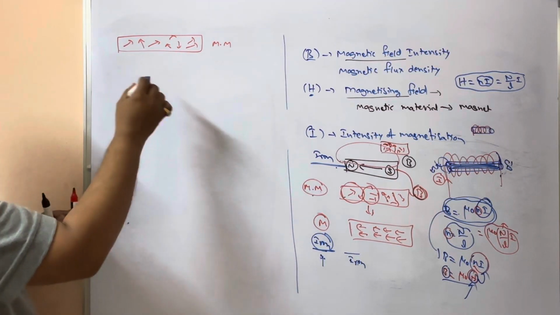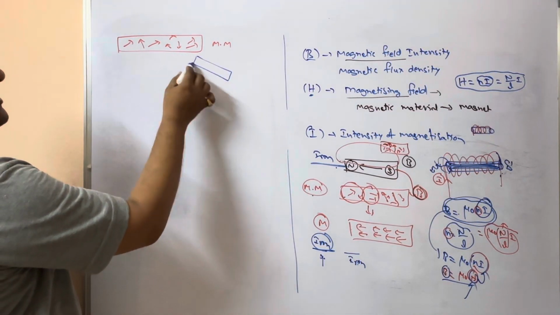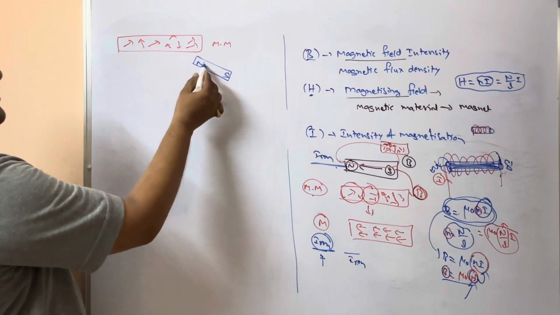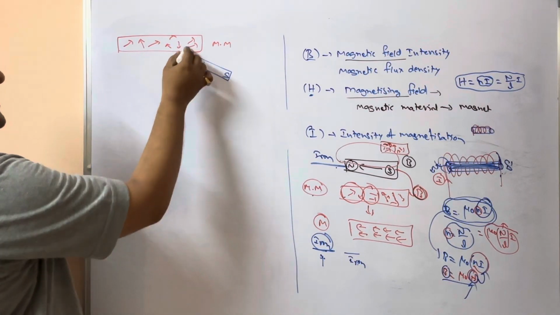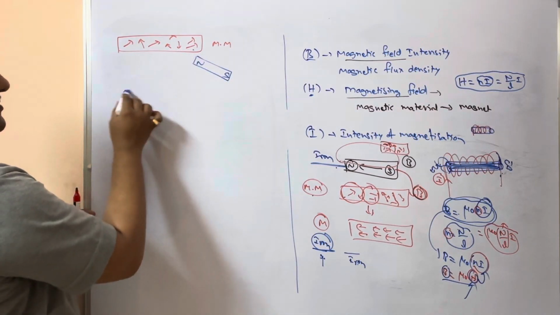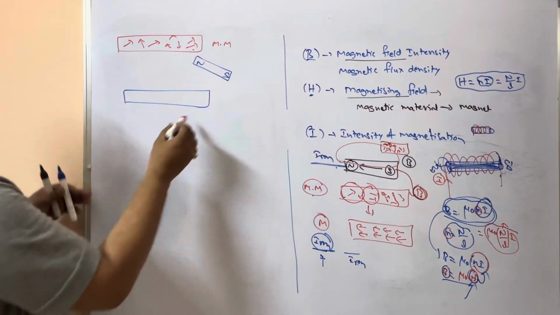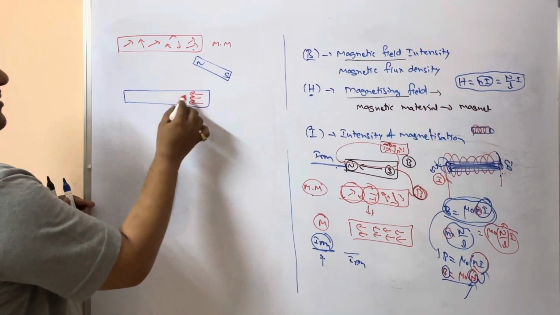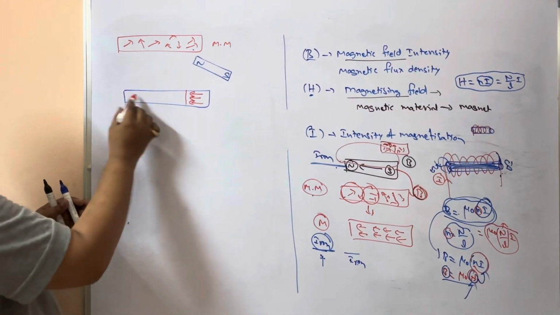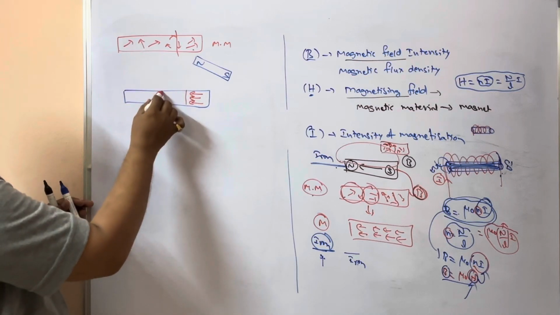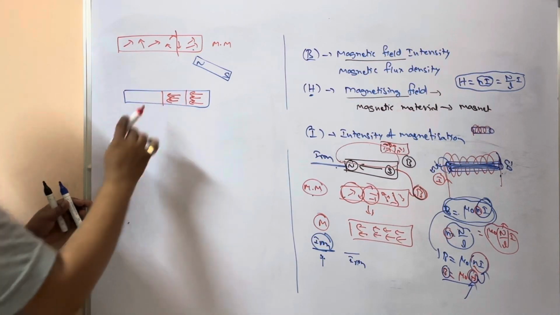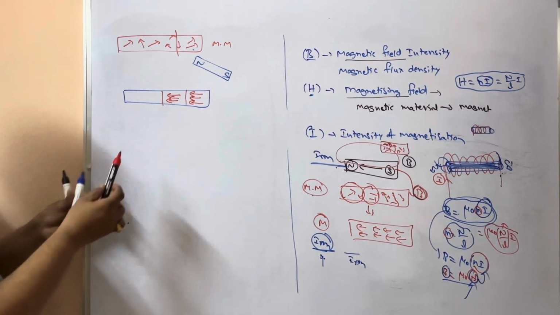We are taking one magnet. This is the single touch method. I bring this magnet continuously like this. At that time, some of these dipoles are going to be aligned like this, only in this portion, and the remaining stay as they are. If you keep doing it, again some are going to be aligned in one particular direction.